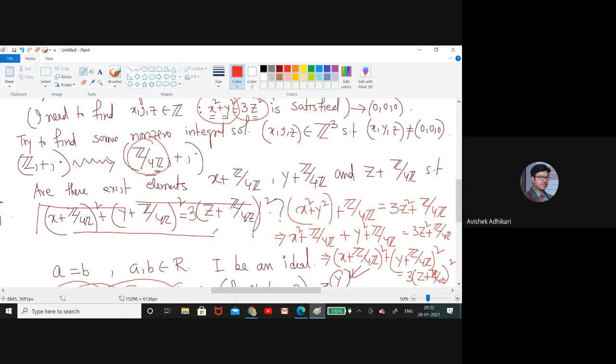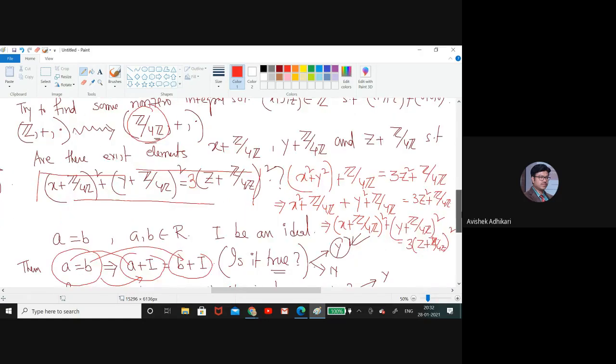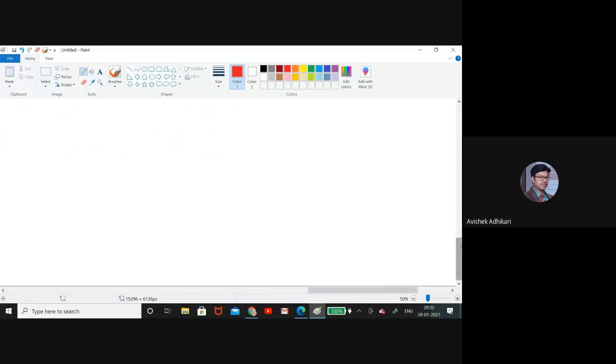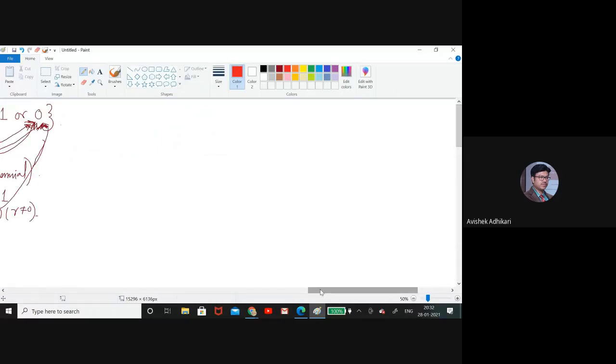Okay, so now I come to my original problem. What it says: solve x² + y² = 3z² in the ring Z, plus and dot. That was my original question.